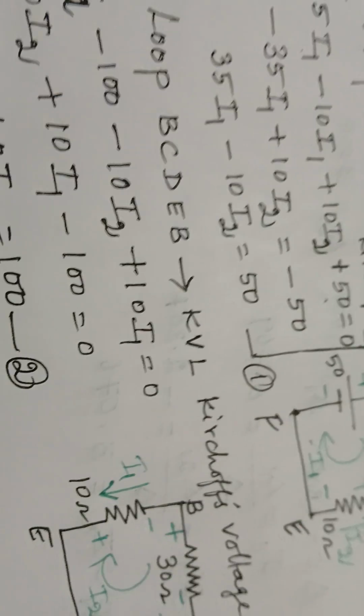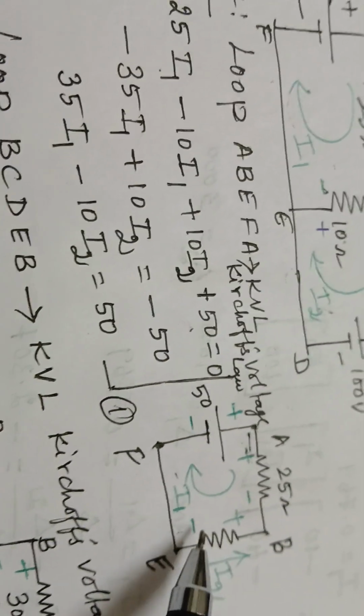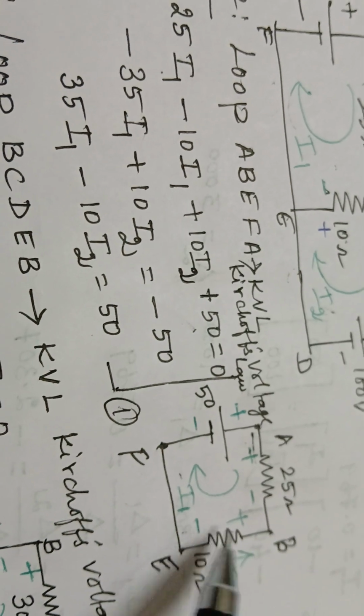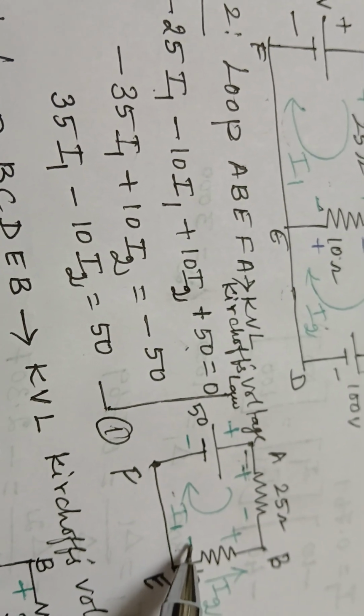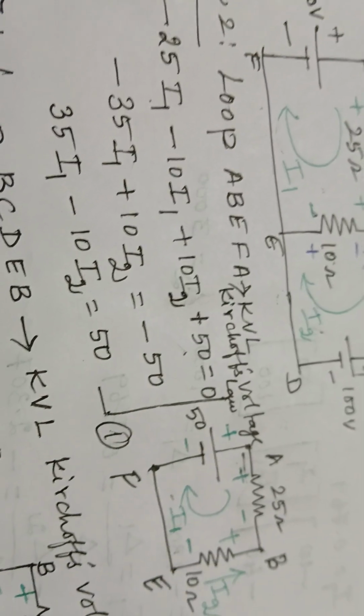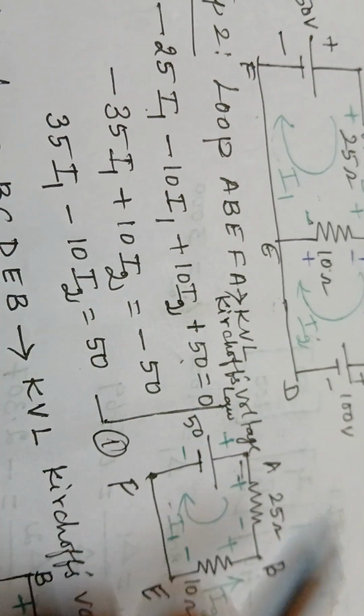When we consider this circuit, the I1 current is flowing here, plus to minus, which means potential drop. So here we have written minus 10 into I1.